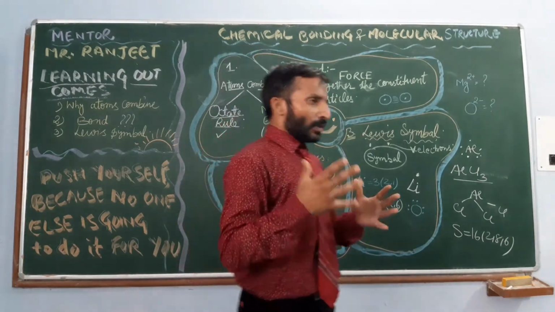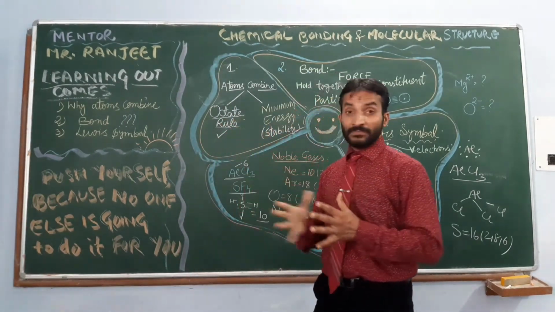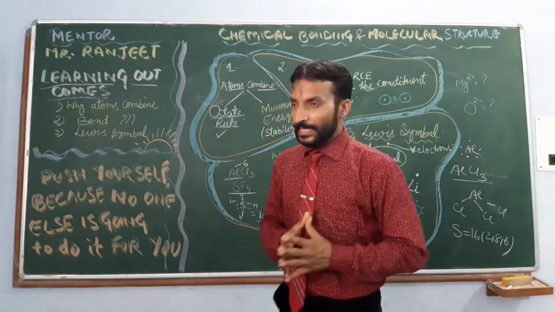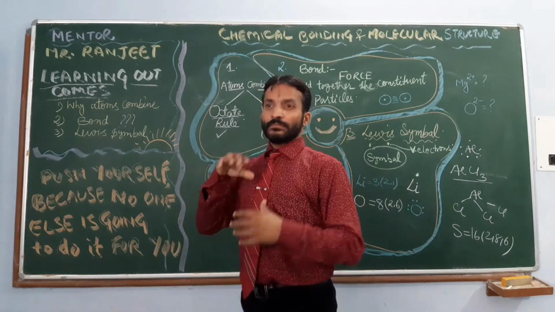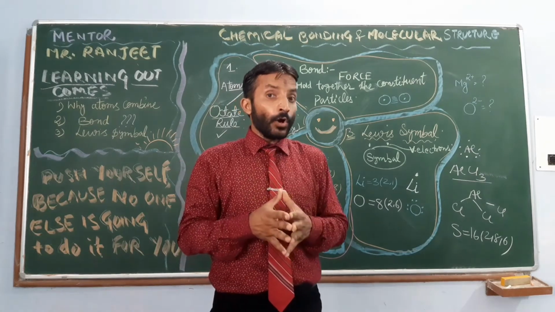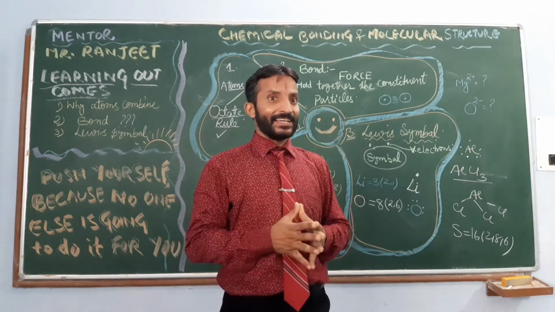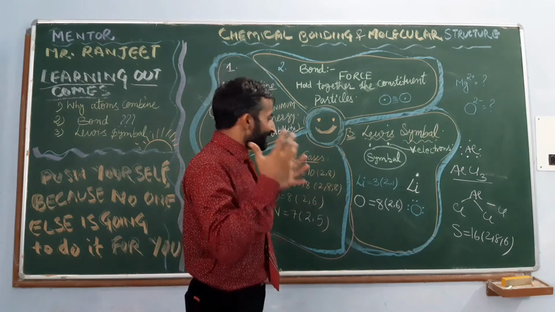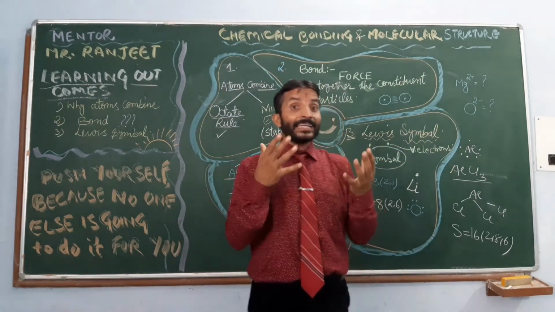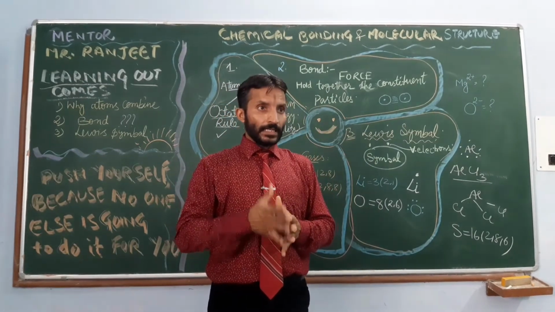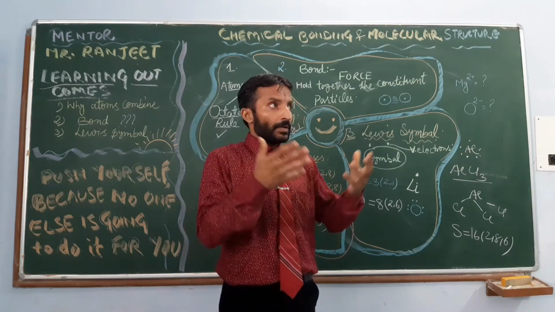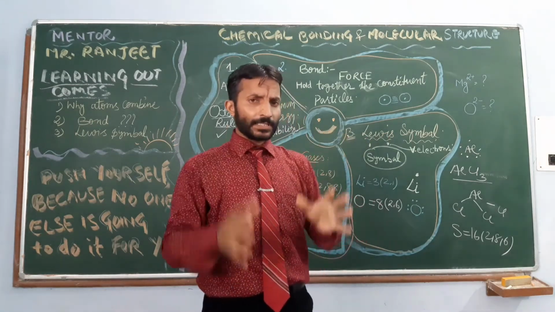Yes. Now, why do atoms combine? It's a very interesting question. So, when scientists dug into this, they tried to find out the answer. First of all, scientists noticed that there are some elements in our periodic table, in nature, that do not react.